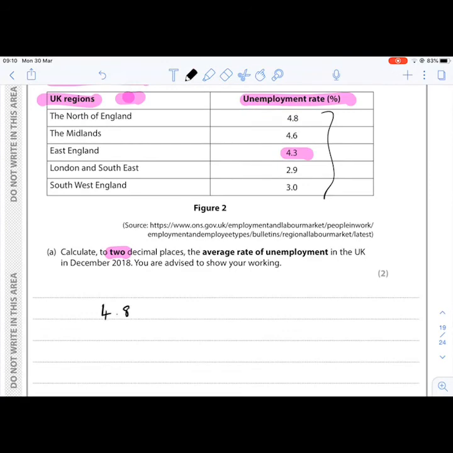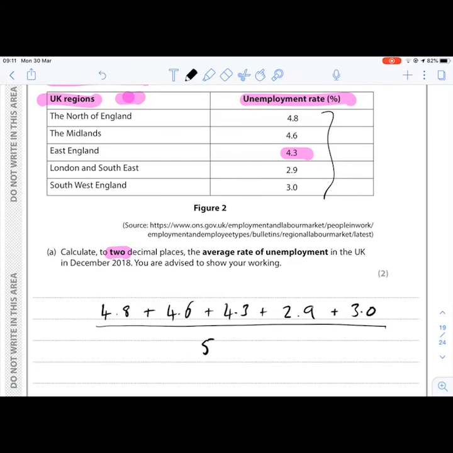So it's really wise to show your working out, in case you don't get the complete answer, you may get some marks for partially calculating the answer correctly. So you add up all of those and you divide it by 5. You're allowed a calculator in the exam, so I'm going to do that on my calculator now.